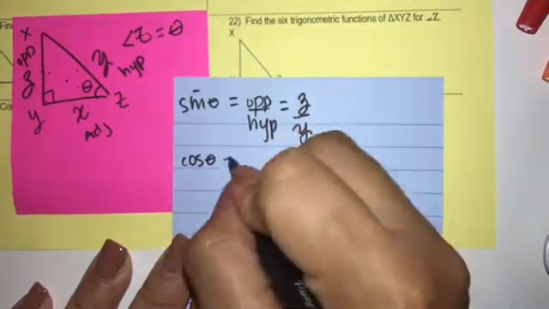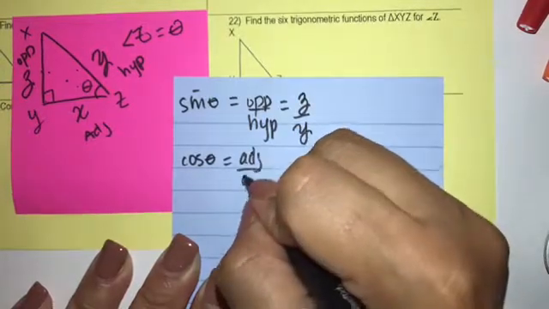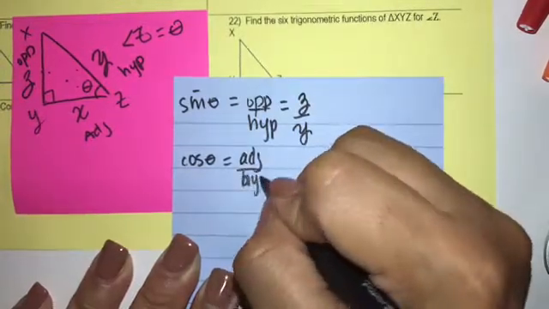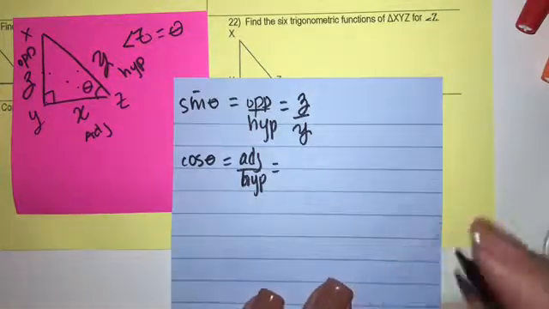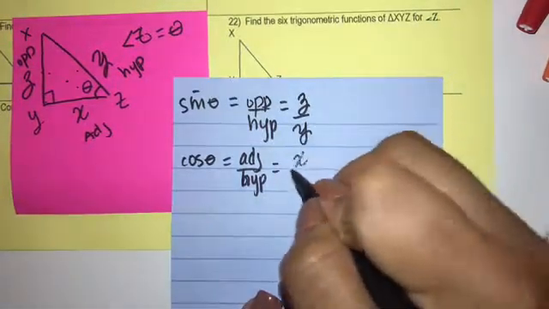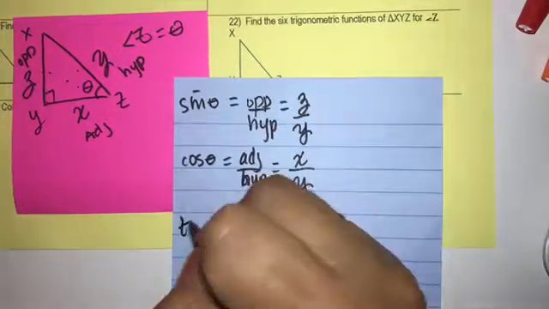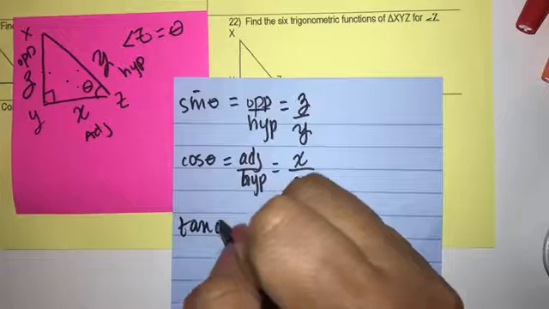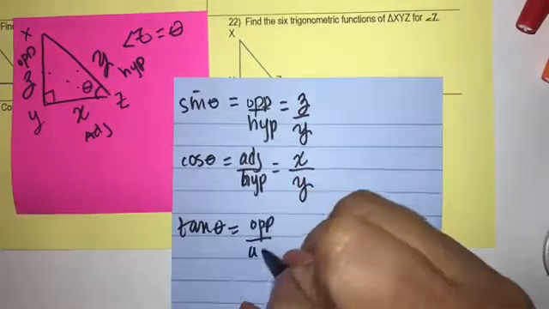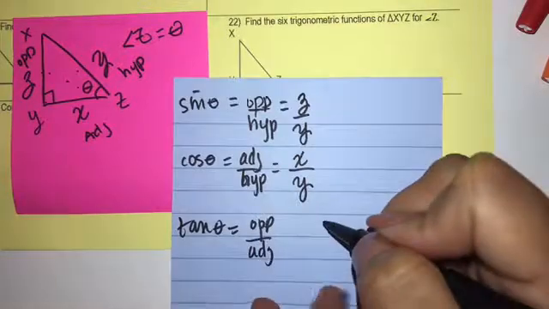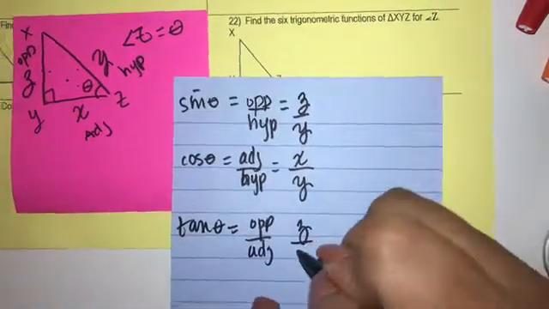Cosine theta is going to be adjacent over hypotenuse. So that's going to be little x over little y. Tangent theta is going to be opposite over adjacent. So that's going to be little z over little x.